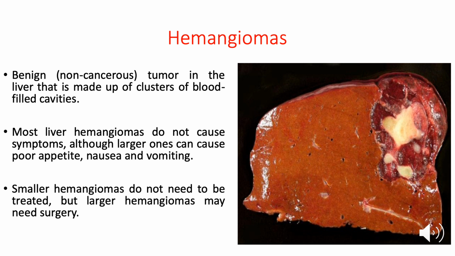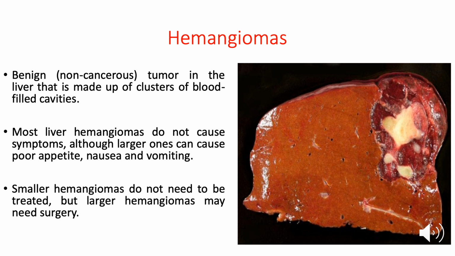The next type of benign liver tumor is hemangioma, and this is characterized by the presence of clusters of blood-filled cavities. So I want you to take a look at the mass on the liver in the picture. Can you appreciate that it's dark red in color because you have there a lot of red blood cells, because that mass is basically composed of cavities that are filled up with blood.